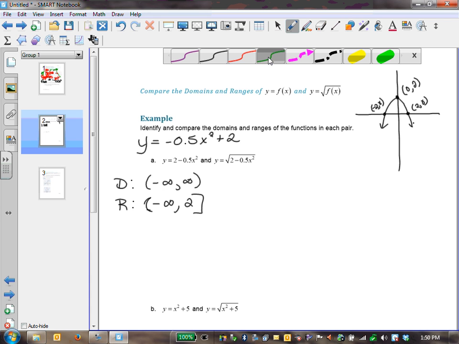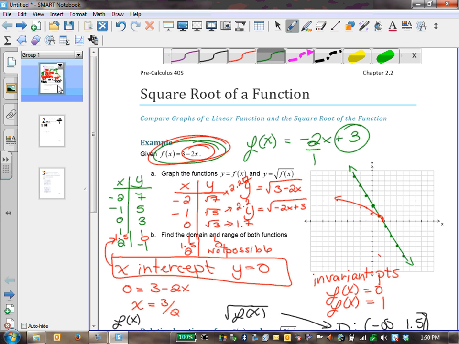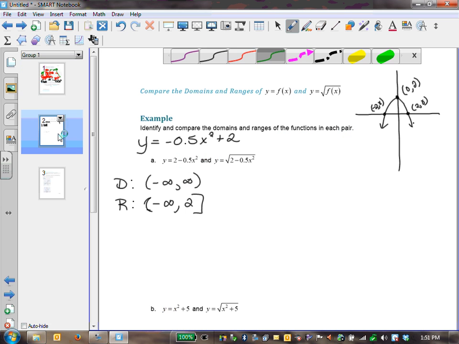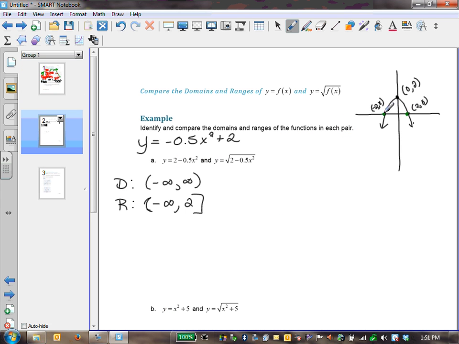We said that the invariant points are going to occur when y values are 0 and when y values are 1. So if y values are 0, we know that these points here are going to be on my radical graph. Do I have to solve them again? No.